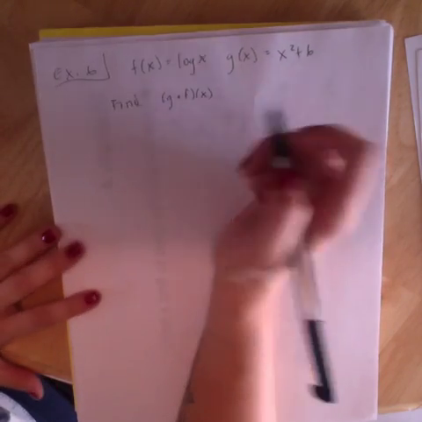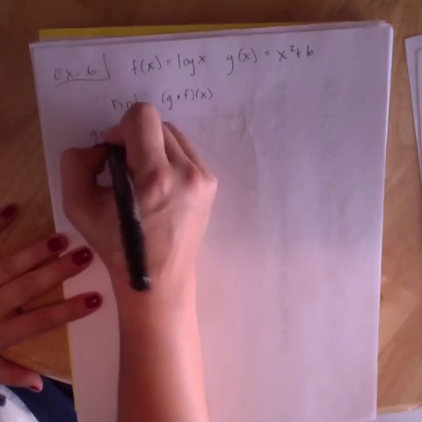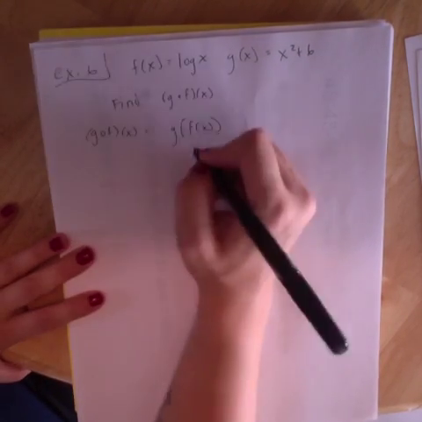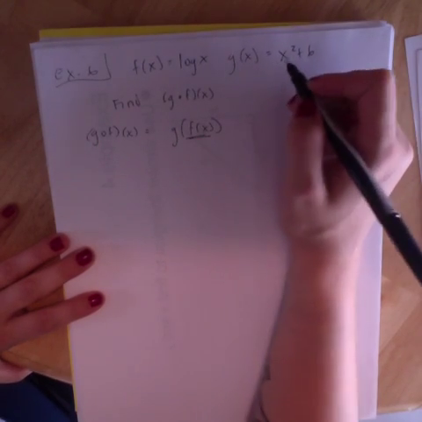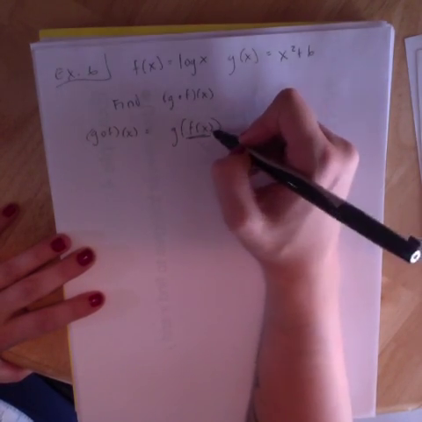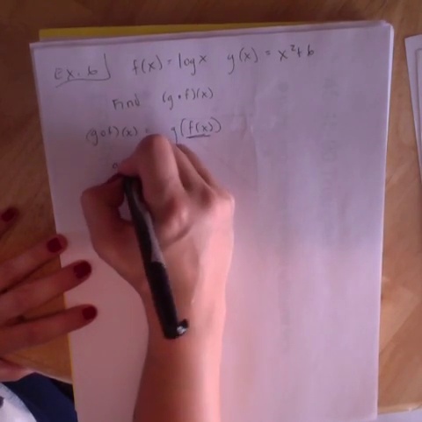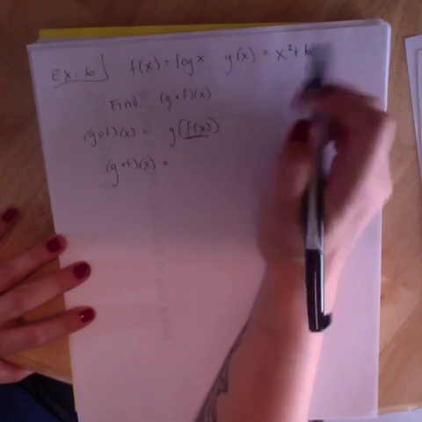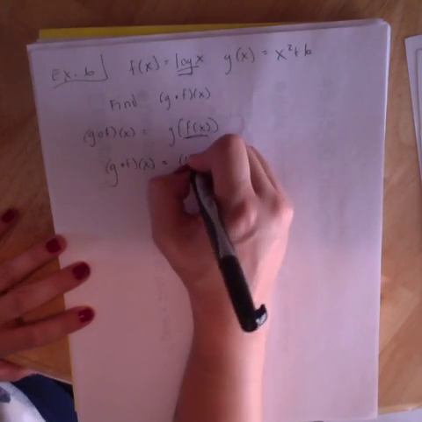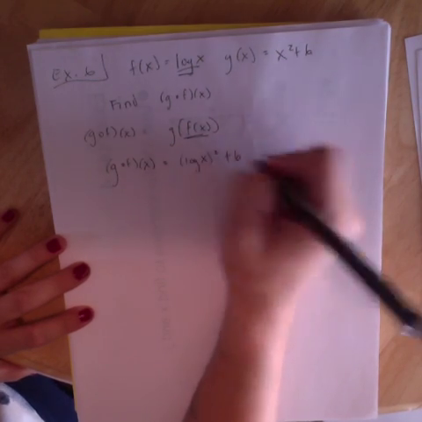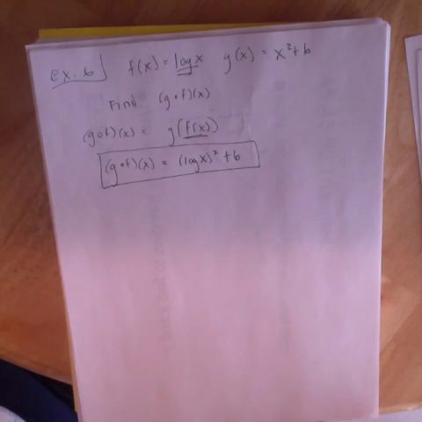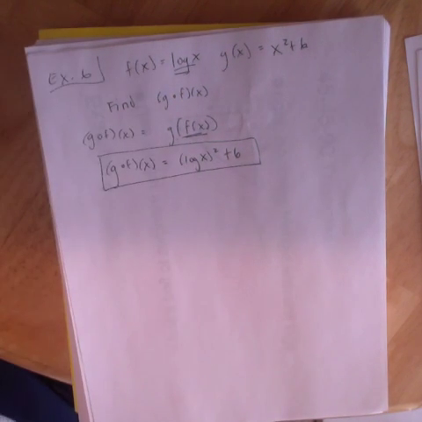Okay, so g of f of x is saying, in my function g of x, wherever I see an x, I'm going to plug in f of x. So g of x is x squared plus 6, but instead of writing x squared, I'm going to write the log of x. So I'll have the log of x squared plus 6. That's my answer. I'm not solving for anything. I'm not plugging in any numbers. I'm putting one function into another.